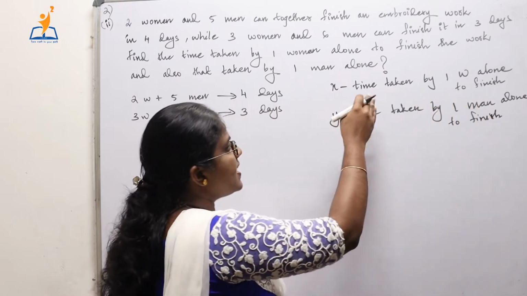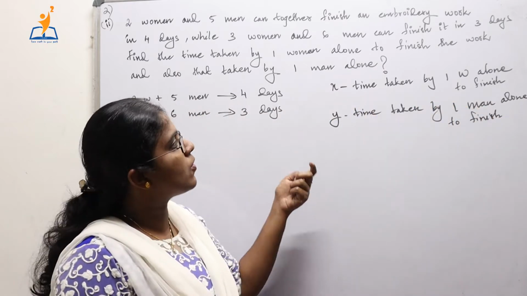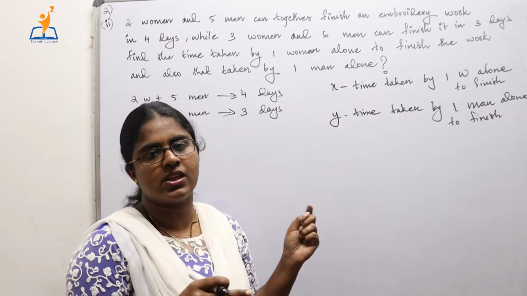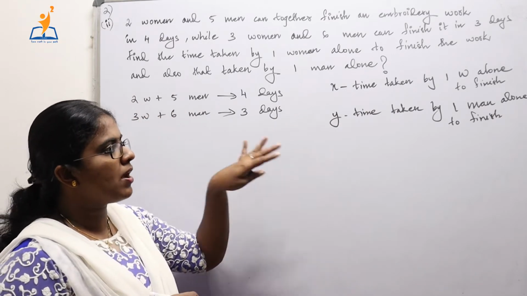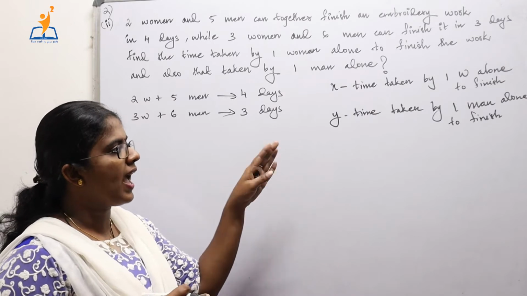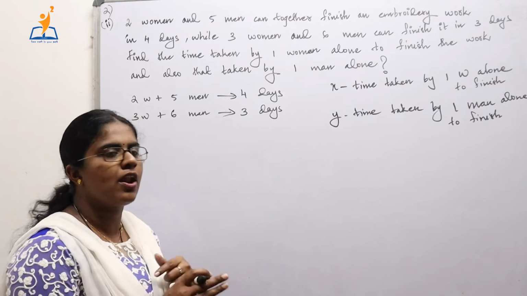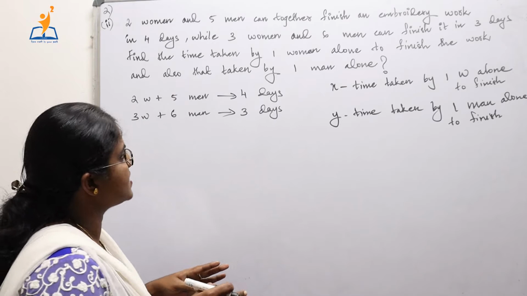We have taken these two things as x and y because we are asked to find these two things. So we got x and y as the time taken by 1 woman alone to finish the work and the time taken by 1 man alone to finish the work respectively.